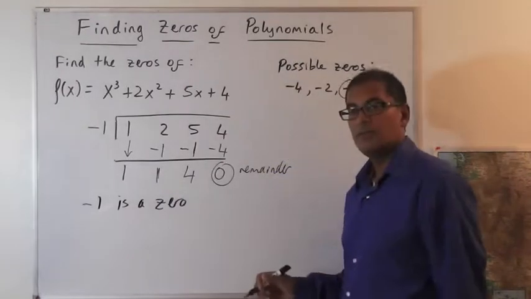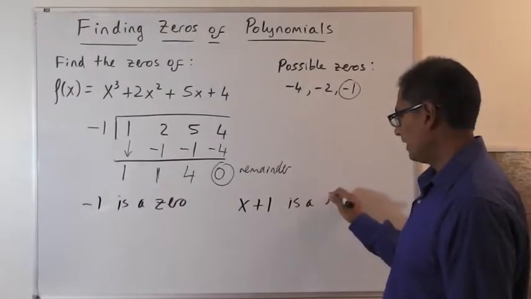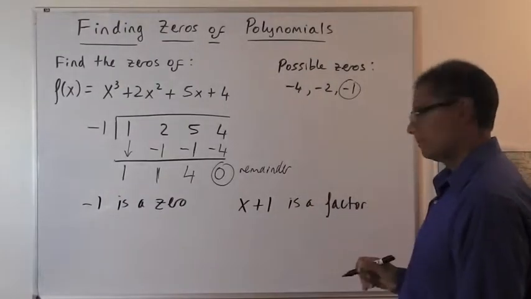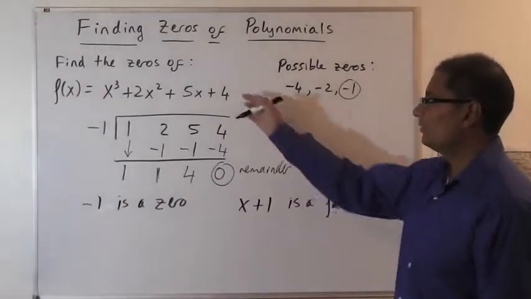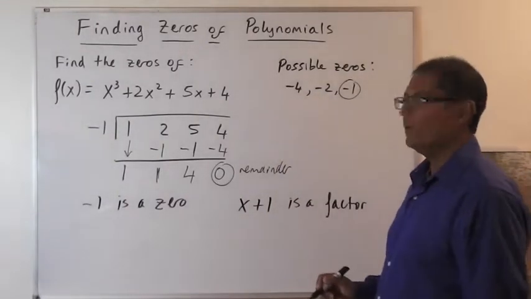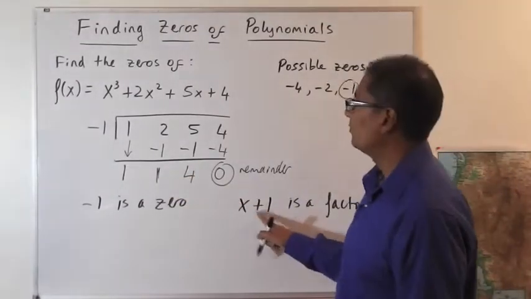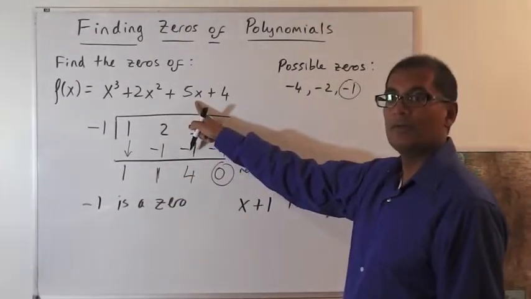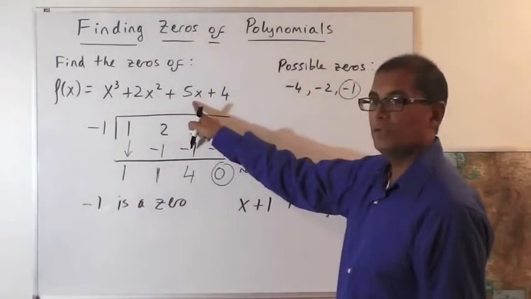And since negative 1 is a zero, that means x plus 1 is a factor. X minus the zero is a factor of this polynomial. And what do we have left then? That means we have this x plus 1 divides into this polynomial with no remainder. And how many times does it go into this polynomial?